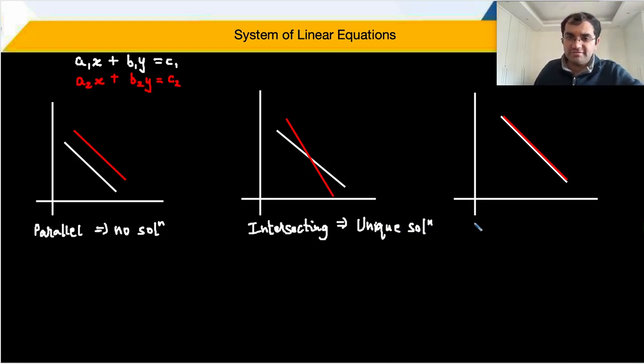And finally, if the lines are coincident, one on top of the other, that means that a solution of one line is also a solution of the other line. So they have infinite solutions.